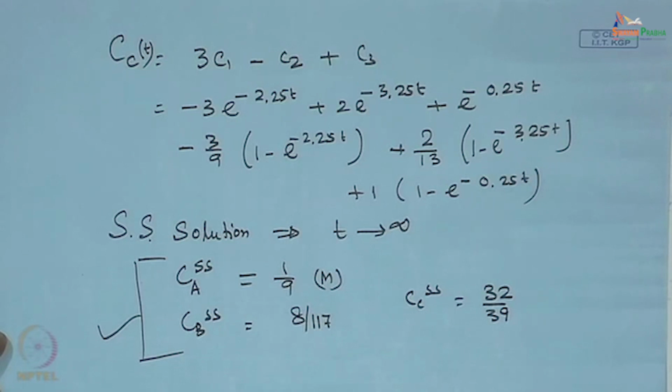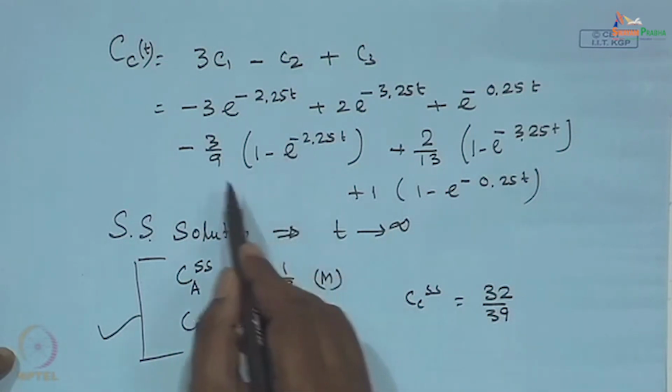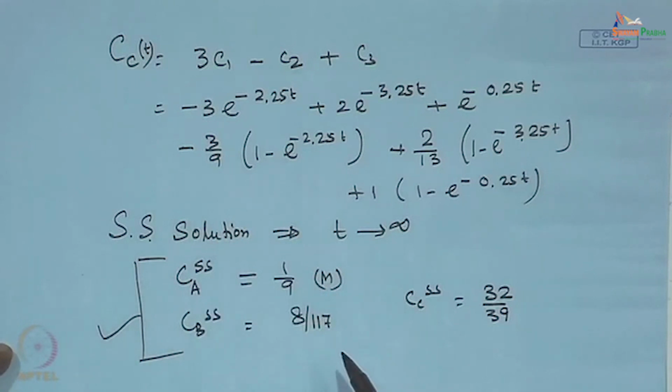Next, since the solution contains the form e to the power minus lambda t, depending on the sign of lambda, one can expect whether the solution grows in time or decays with time, because the solution will be in the form of e to the power lambda t.